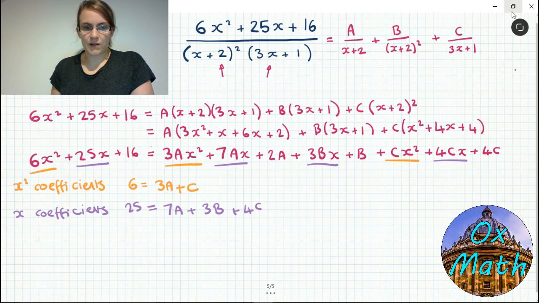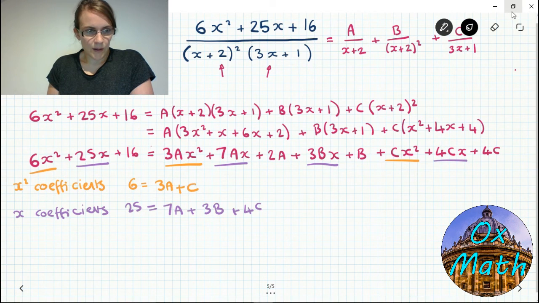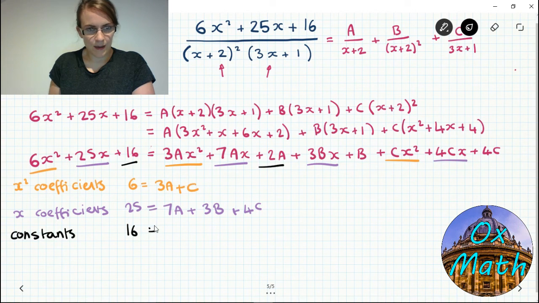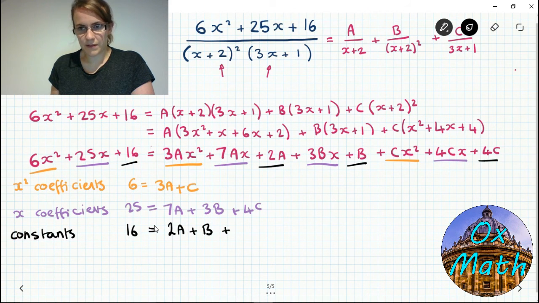So again, I've got 3 unknowns now. I can't solve it yet. So let's do the constants, and this time I've got the 16, and that must be equal to the 2a plus b, because that's also a constant, plus 4c, because that is also a constant.